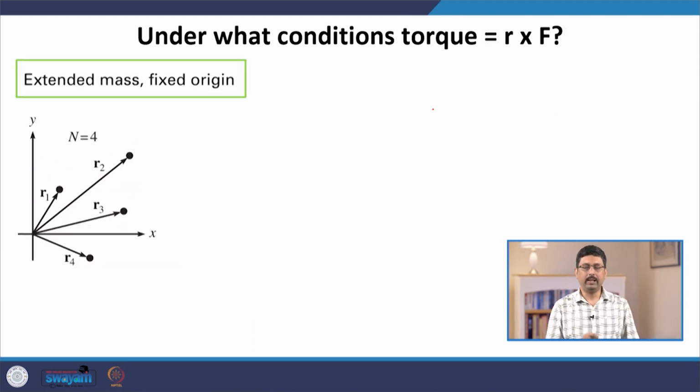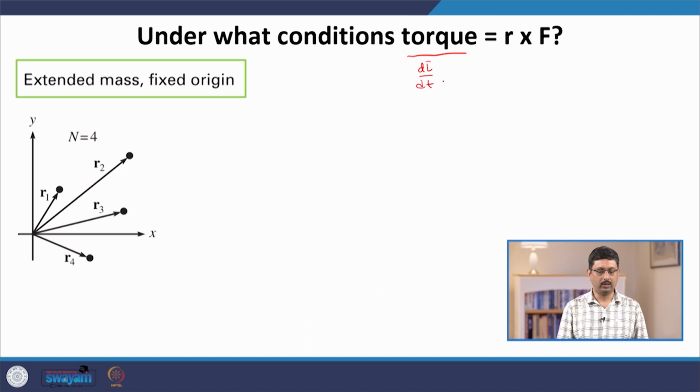So, let us come back to our discussion of under what condition the torque, that is dL/dt, the rate of change of angular momentum, is equal to r cross F. Now, we have considered a single point mass. Now, we generalize it to an extended object. For simplicity we describe this extended object as a collection of point masses.